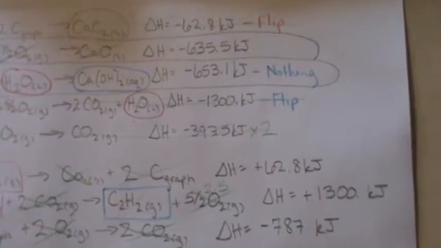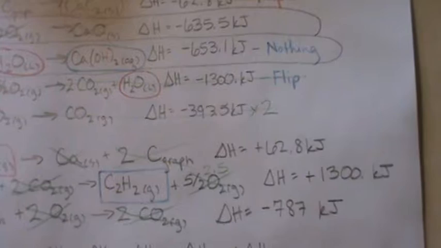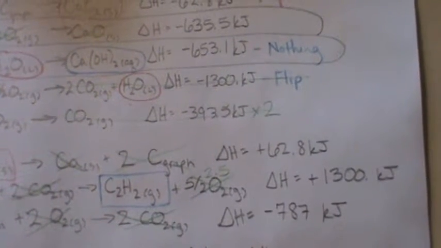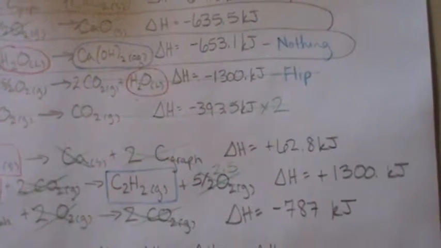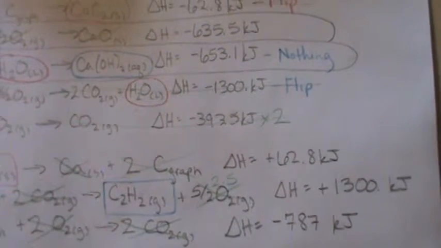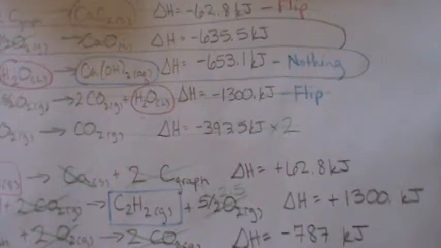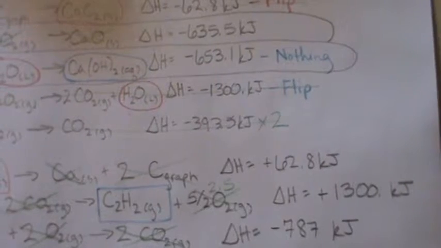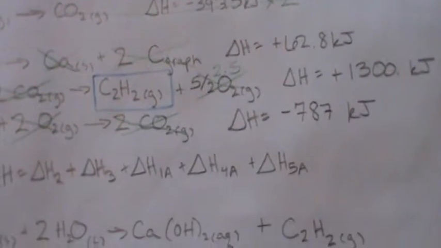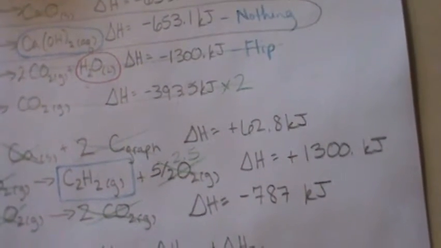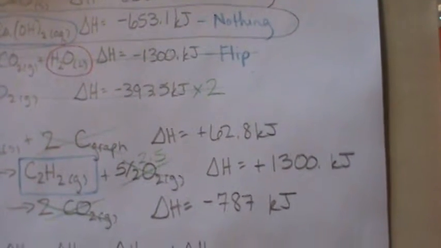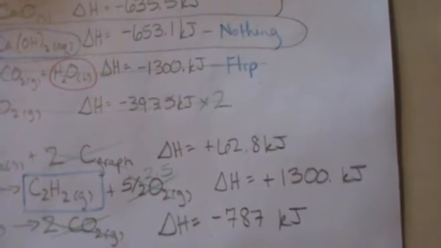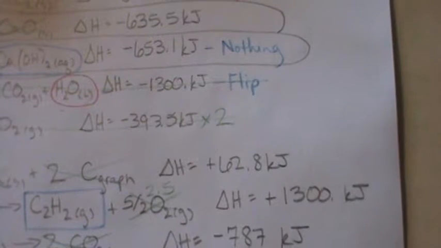So I have negative 635.5, plus a negative 653.1, and now plus 62.8 plus 1,300.